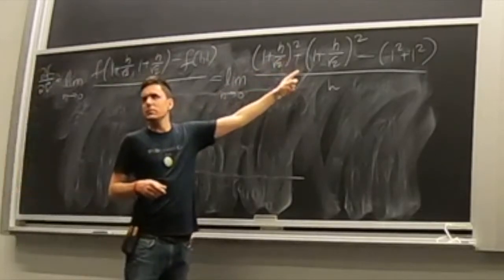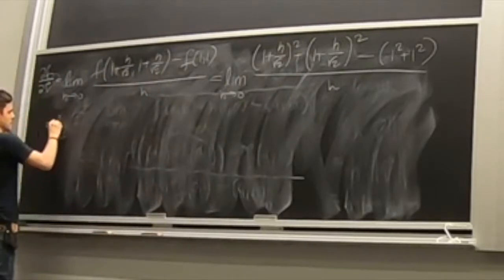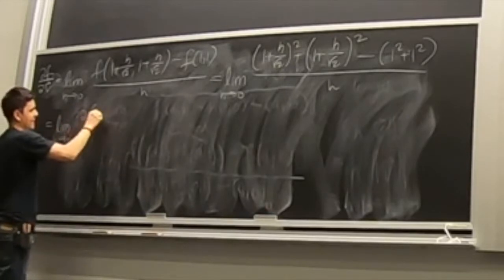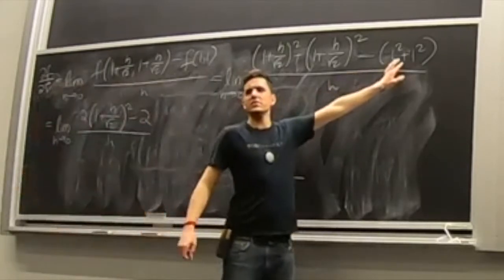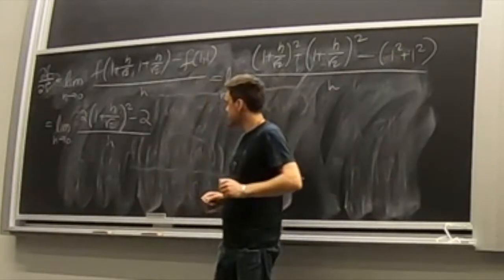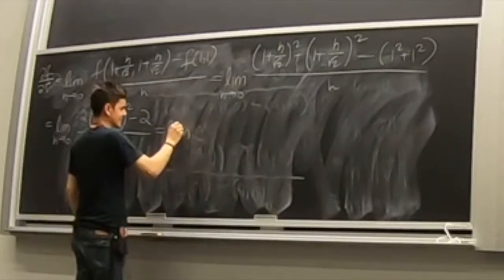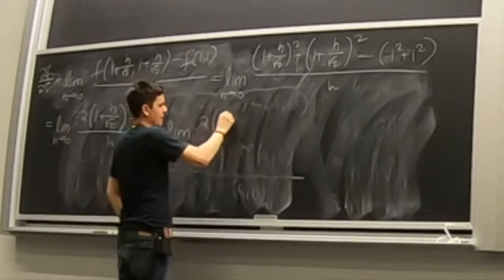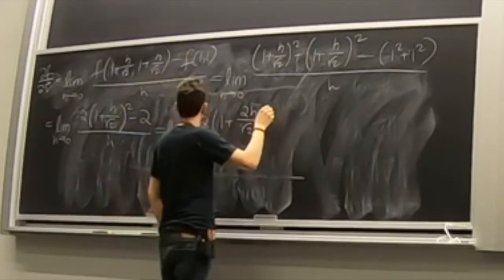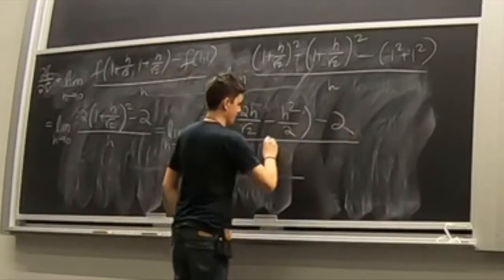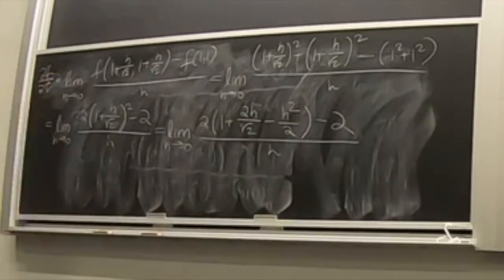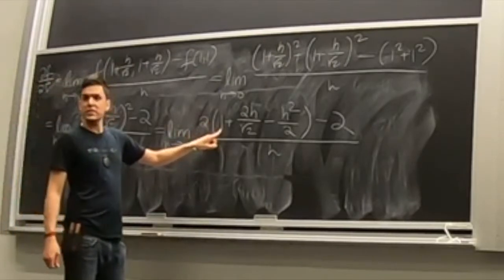Okay, I've got two copies of the same expression. This guy's a 2, we'll rewrite it as a 2, and we'll do the algebra up top. Now, when we multiply this in, we'll get a 2.